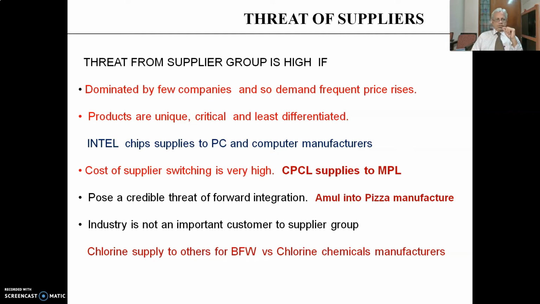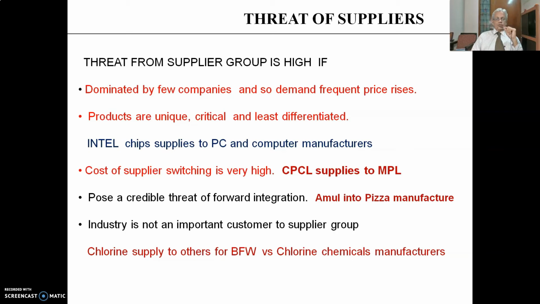Suppose the industry is not an important customer to a supplier group, again the threat is very real. Let us take the case of chlorine supply. Chlorine is supplied to a large number of industries that have boilers to produce boiler feed water. Chlorine is also supplied to people who make chlorine chemicals. Chlorine is actually a co-product produced in the caustic soda chlorine plant, and caustic soda is driven by the global demand supply position.